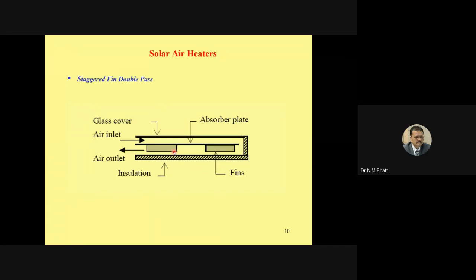In simple words, Q is equal to H A delta T. H is the convective heat transfer coefficient between absorber and fluid, A means area of the absorber or area of heat exchange between absorber and air, and delta T is the average temperature of the absorber minus the average temperature of air.